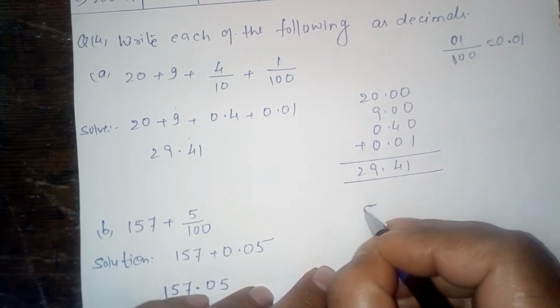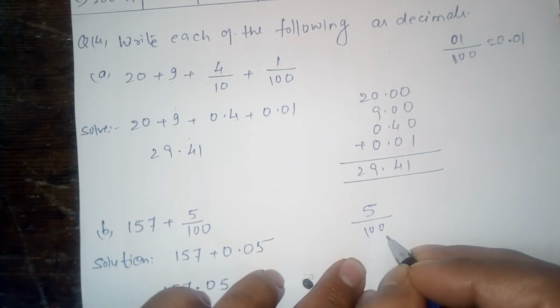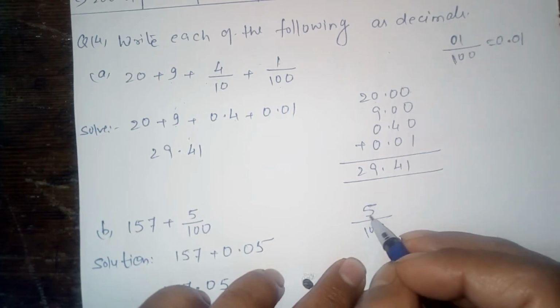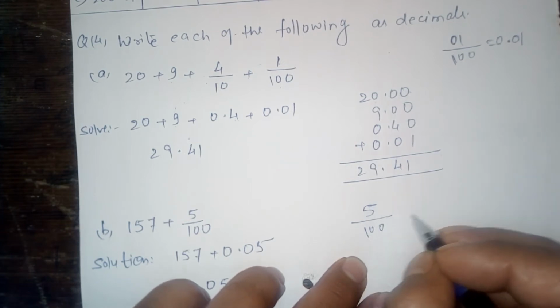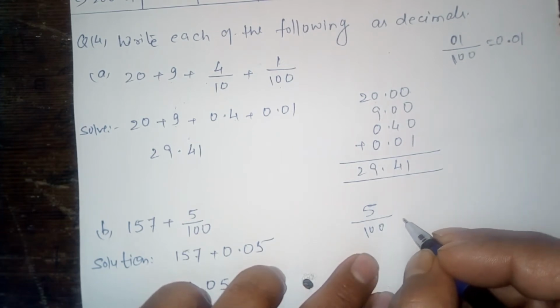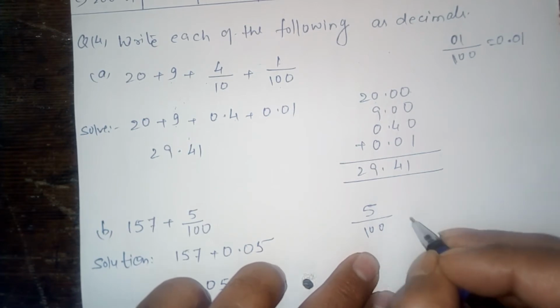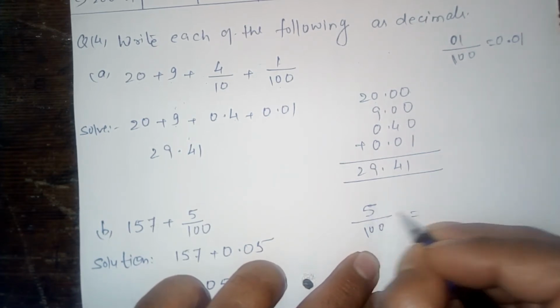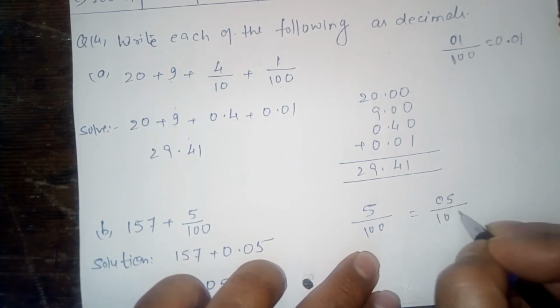Now look here, this is 5 upon 100. In 100, the number of 0s is 2, and there is only one digit, so one digit is converted to two digits. Why? The reason is that in the denominator the number of 0s is 2. So in place of 5 we can write 05, and this is 100.